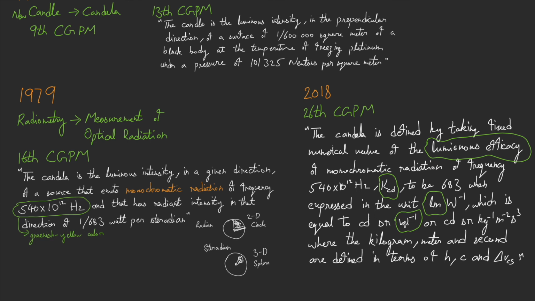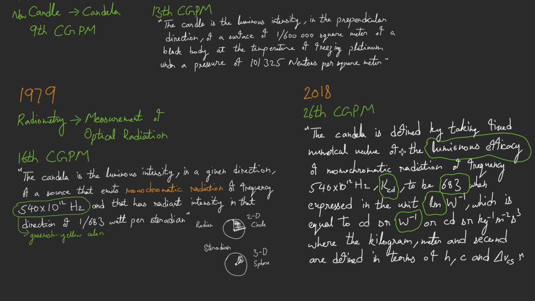So this is the thing that helps us define the candela. The value of Kcd is 683 lumen per watt, as given here. So watt was broken down into kg meter square per second cube.